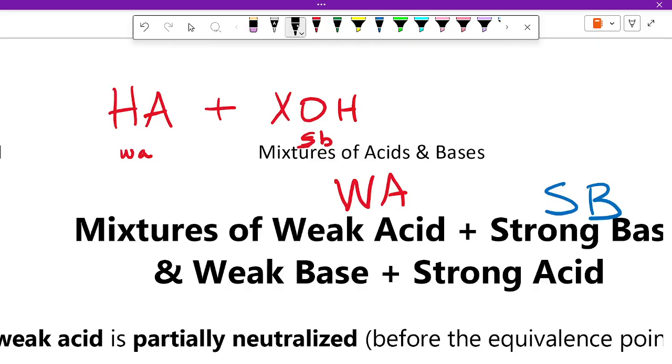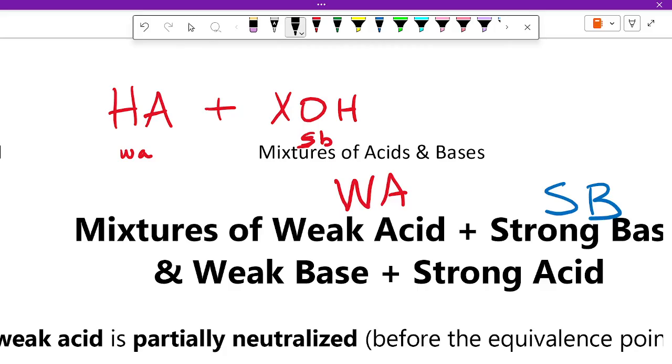Tell your partner, what do you think? You're going to show me either one-way arrow or equilibrium arrow. One way or equilibrium?